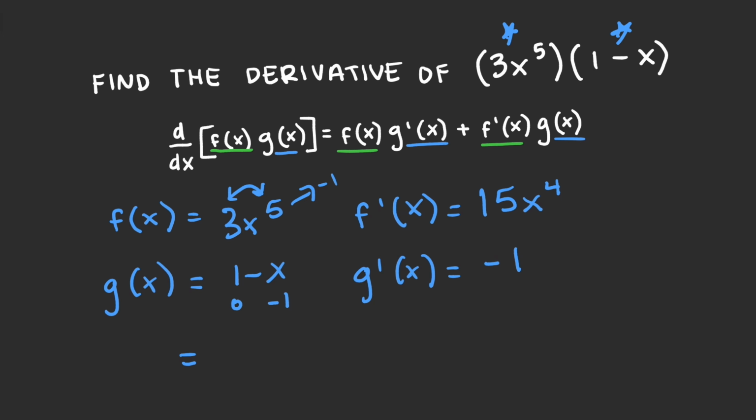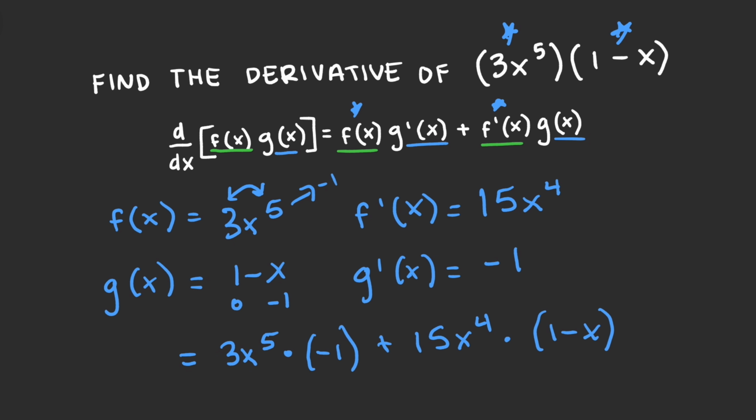So if we plug that back in, we have f of x, which is 3x to the 5th power, times g prime of x, which is -1, plus right here f prime of x, which is 15x to the 4th power, times g of x, which is 1 minus x.